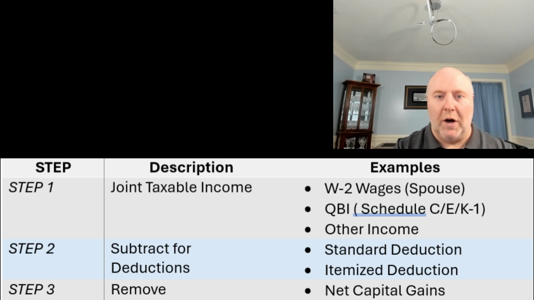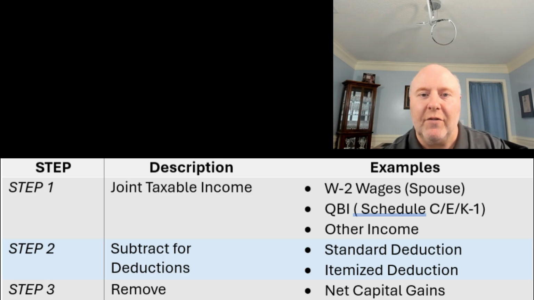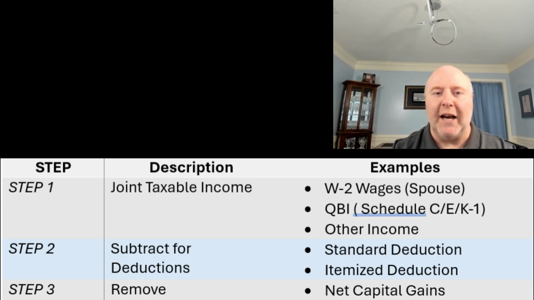Okay, one final step. Subtract out your net capital gains. Any net capital gains that you had are going to be subtracted out. Make sure you're not including those. They're excluded. The reason being, they're not going to be taxed at our ordinary income tax rate, so we're not going to include them. Because remember, when we're looking at our modified taxable income, this is serving as the ceiling for the QBI deduction.